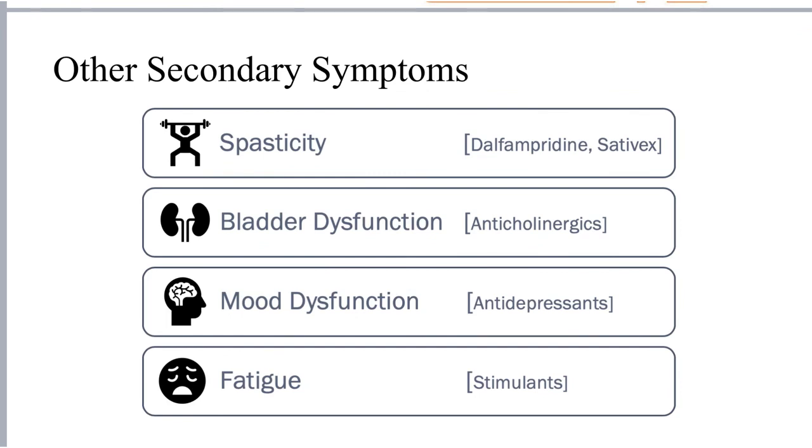While dalfampridine is used for the secondary symptom of muscle spasticity, there are other agents that are indicated for some of these other secondary symptoms. Another drug that is approved only in Canada for treatment of muscle spasticity is Sativex, which is a cannabinoid-derived mouth spray that has been shown in clinical trials to reduce muscle spasticity.